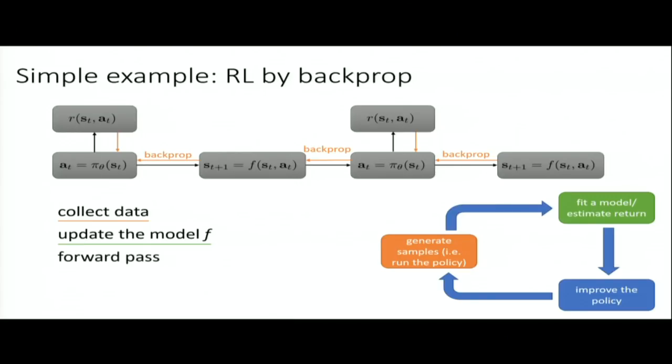And then you have to do a forward pass in this computation graph, in this network. Does anybody have any guess which box the forward pass fits into? Raise your hand if you think it fits into the green box. Raise your hand if you think it fits into the blue box.